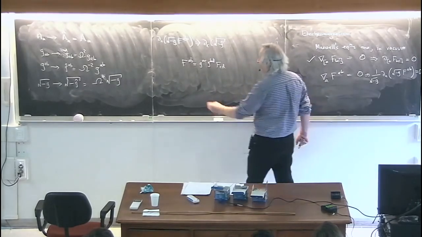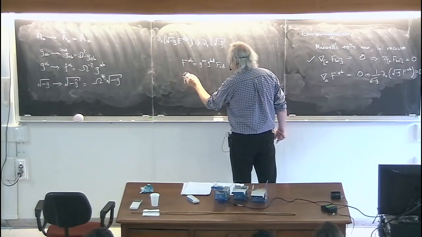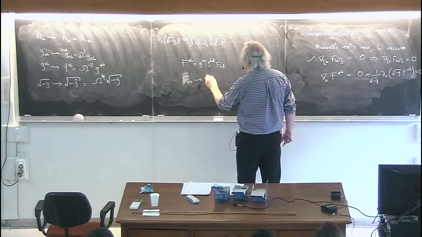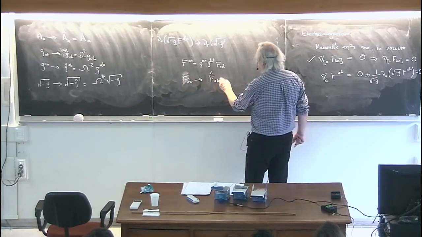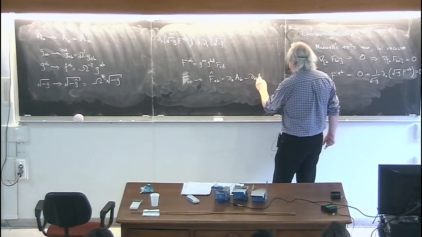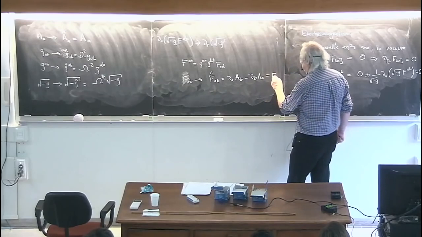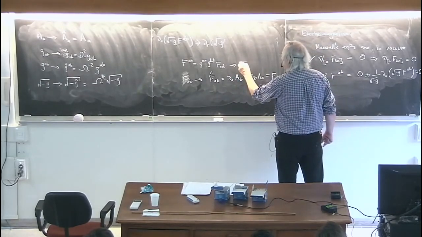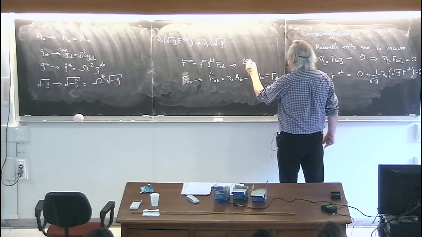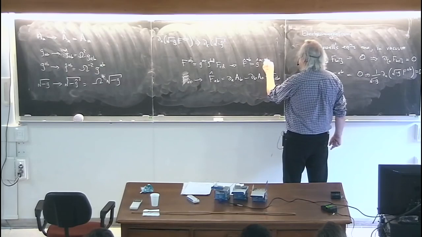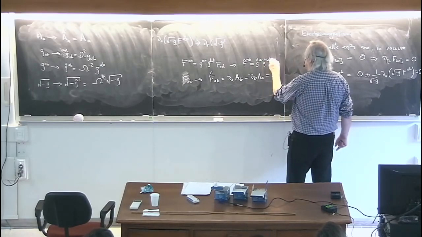So F, with its indices downstairs, goes to F hat AB, which is just this. So F hat AB is equal to G hat AC, G hat BD, F hat CD.